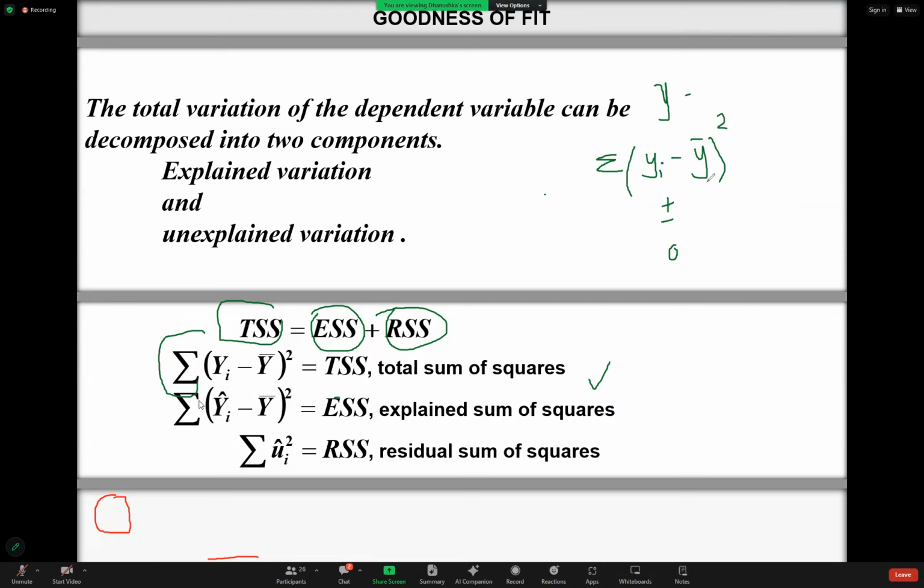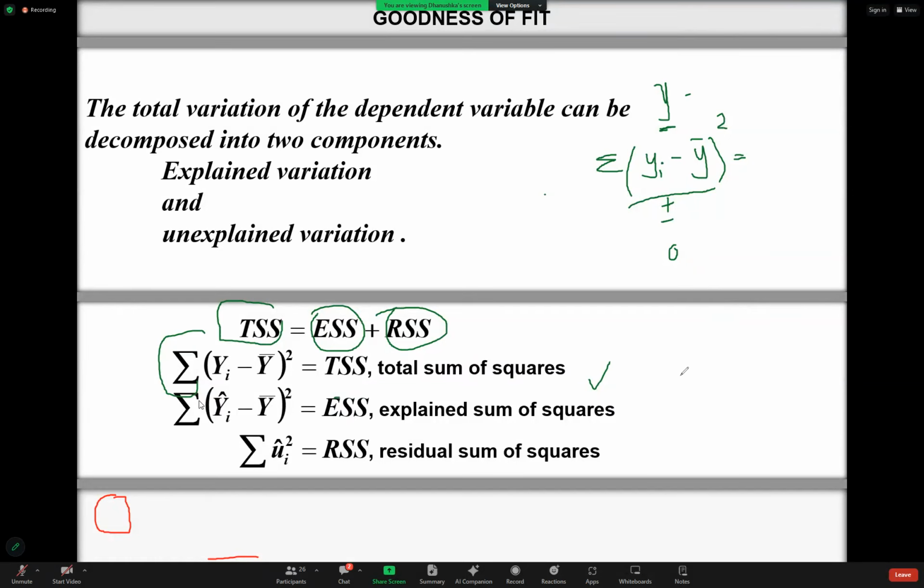This shows how the value of y deviates from the mean value. We will do one example later, then you can understand clearly. This is the total variation.